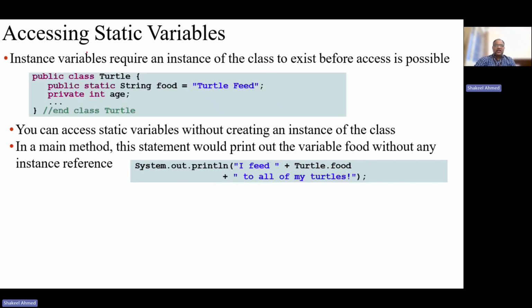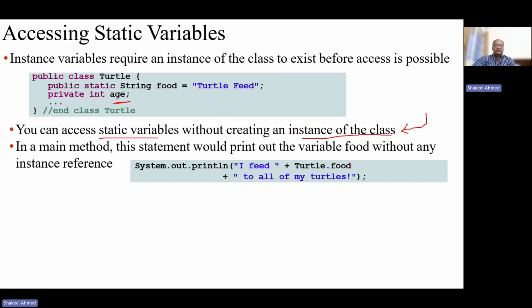So you can see here that public class Turtle, public static string food, turtle food, and you are having an age. Now, whenever I want to print the age and those things, you can access the static variable without creating an instance of the class. So you can directly call static variables, as we previously saw. No need to create an instance of the class, you can call it directly. So in a main method, this statement would print out the variable food without any instance reference.